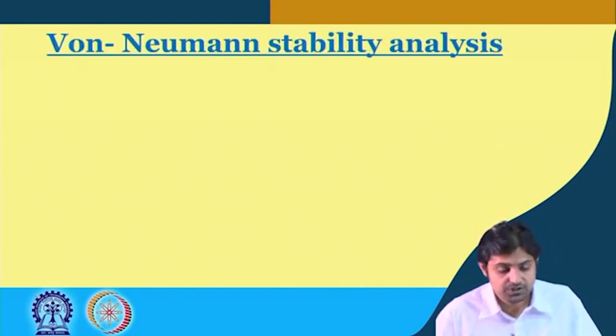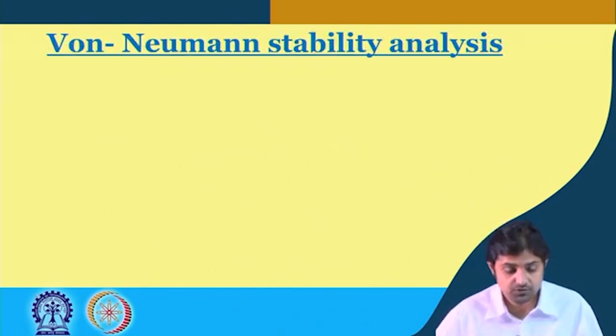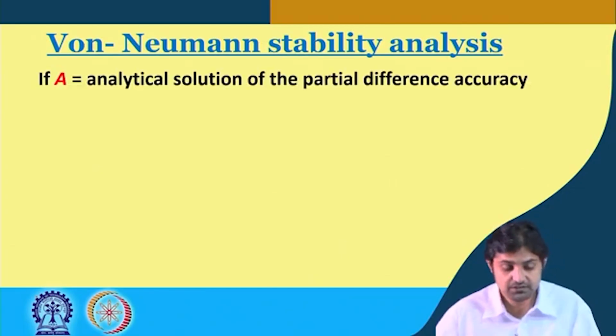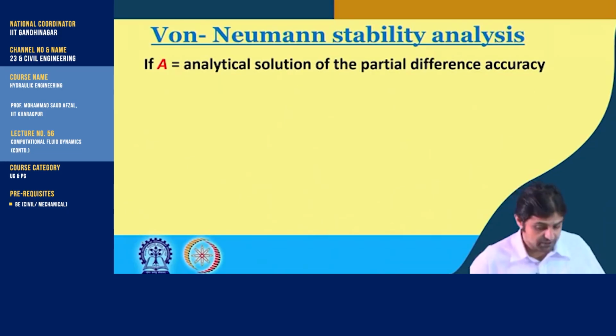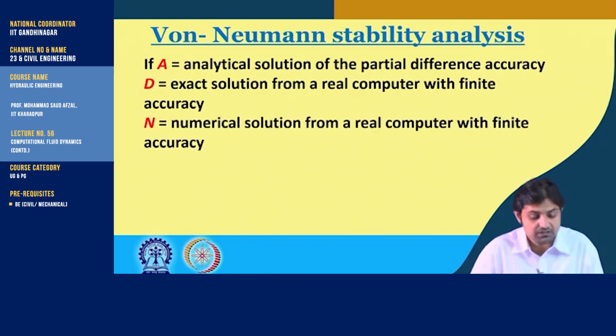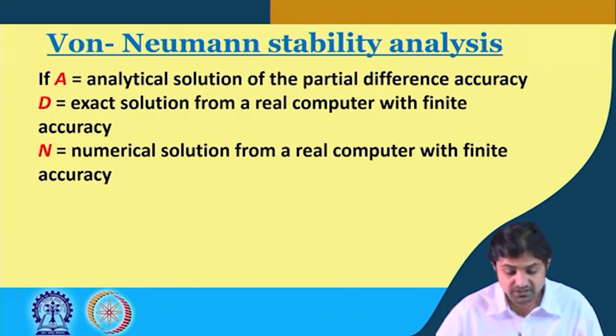These are the two errors that we had talked about. Now, we can proceed to another concept in the computational fluid dynamics module, that is von Neumann stability analysis. So, what is this stability analysis? We say A is the analytical solution of the partial differential equation, D is the exact solution from a real computer with finite accuracy, and N is the numerical simulation from a real computer with finite accuracy.